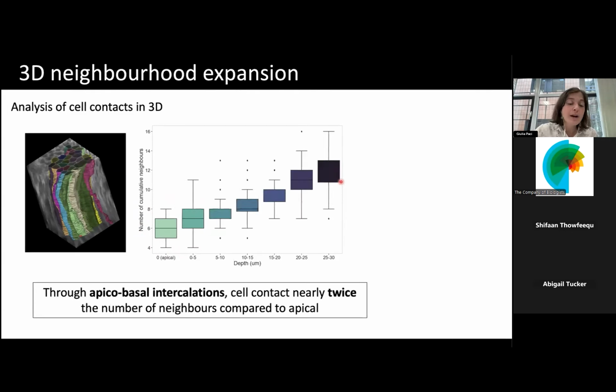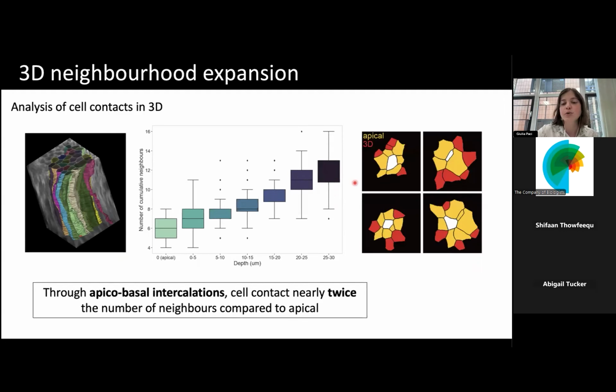And what we saw, which was quite striking, is that cells ultimately acquire twice as many neighbors as what they started with. And this is literally just looking at each new unique cell which was not previously ever in touch with that initial cell. So this is a very remarkable expansion of the neighborhood that cells are undergoing.